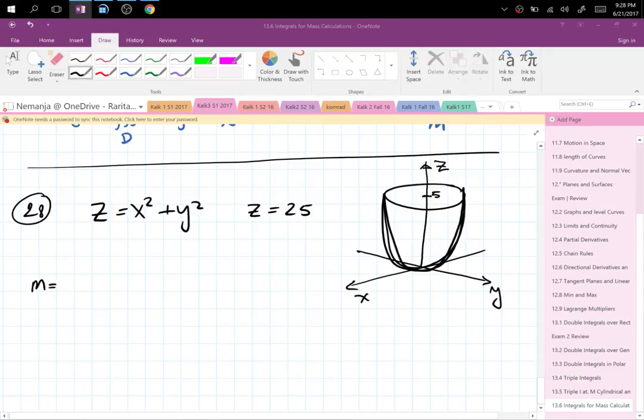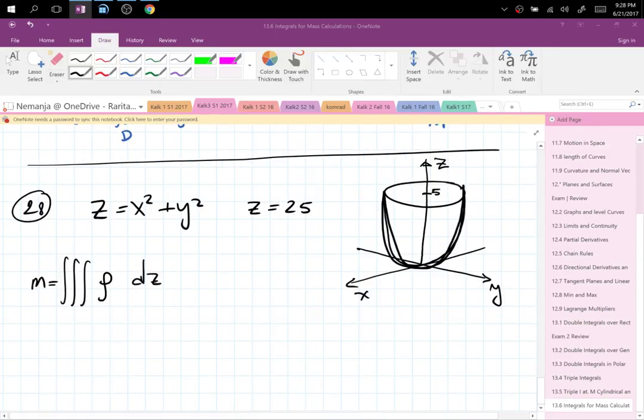The integral for the mass is going to be the triple integral, and we have our constant density rho. So we don't have a function there, it's just rho. And then dz, dy, dx, I guess. Is this appropriate to be used here?